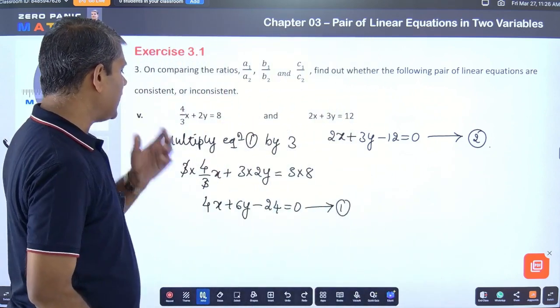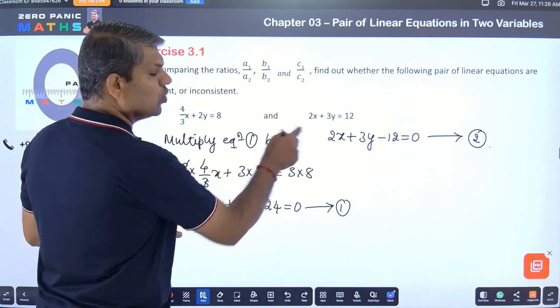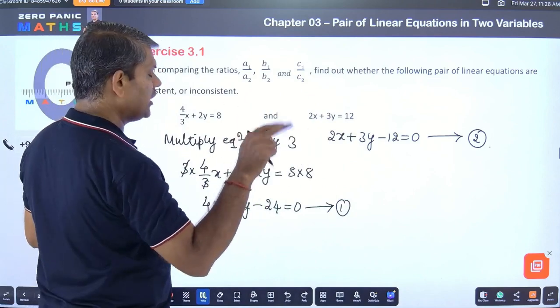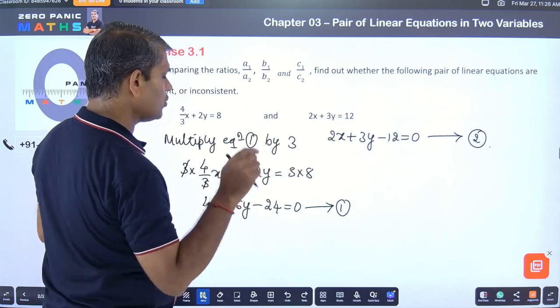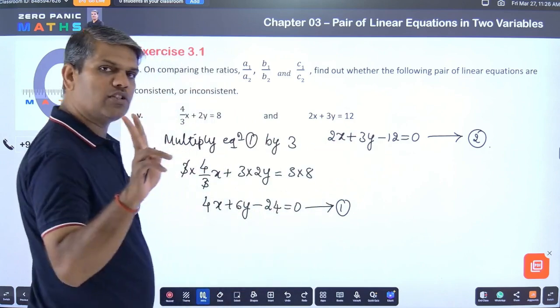Let us identify a1 by a2. That is 4 by 2, which is 2. b1 by b2 is 6 by 3, which is also 2. c1 by c2 is minus 24 by minus 12, that is also 2.